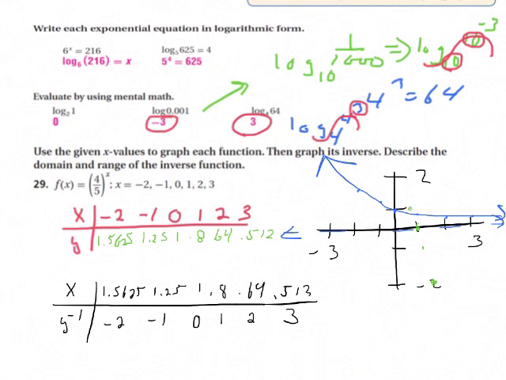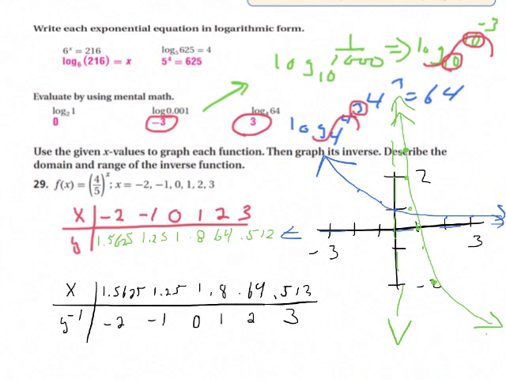When I'm at 0.64, I'm up at 2. And when I'm at 0.512, I'm up at 3. So the graph is looking like this. Remember, your asymptote this time runs right down there. It doesn't touch it, it just becomes closer and closer to it forever.